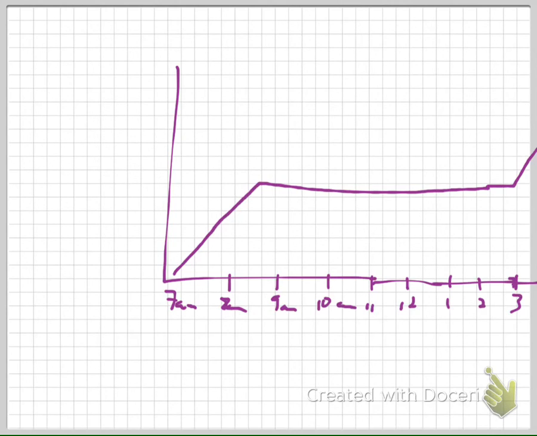Explain to me what happened here. Why is it that it's going up from 7 till 8:30 and then it's flat until about 3 o'clock and then it goes up again? Can you explain the graph? Explain it to me, LJ. Right. So what is going on here? This is the distance, right? This is actual distance.